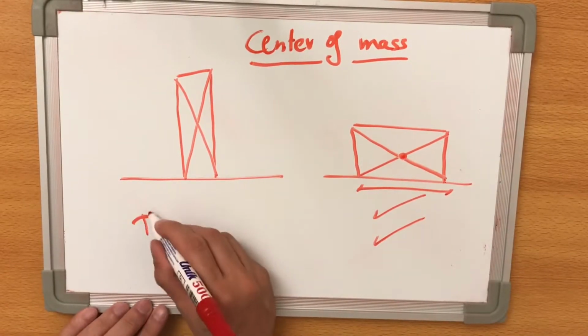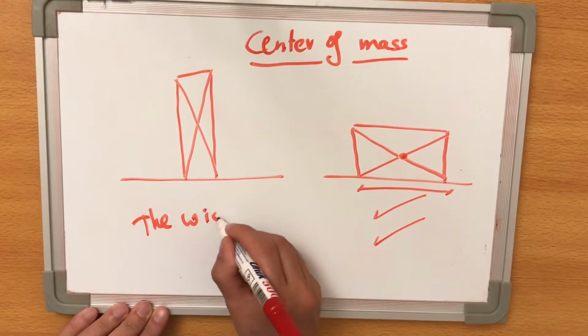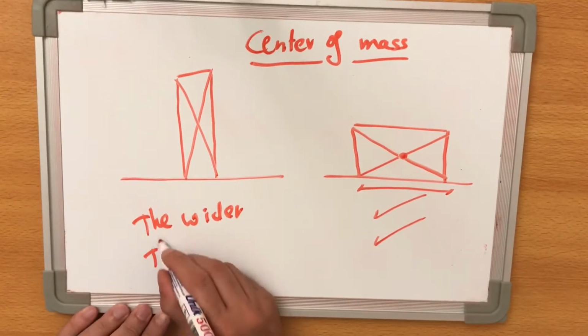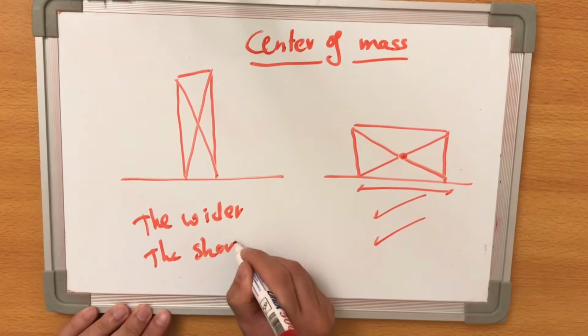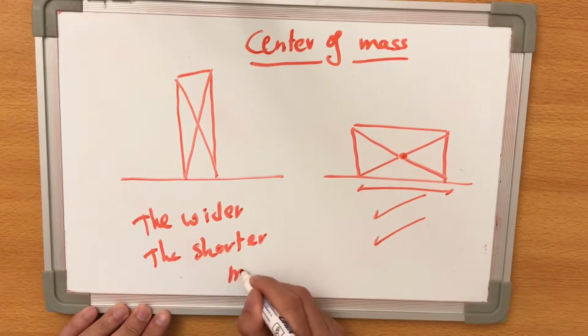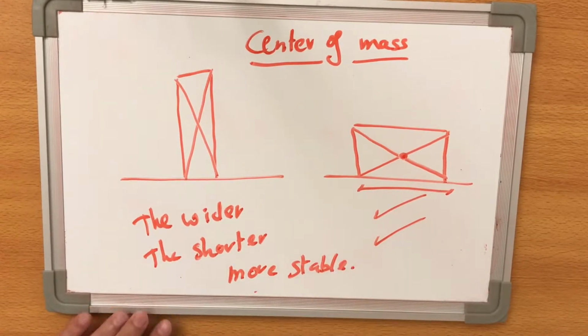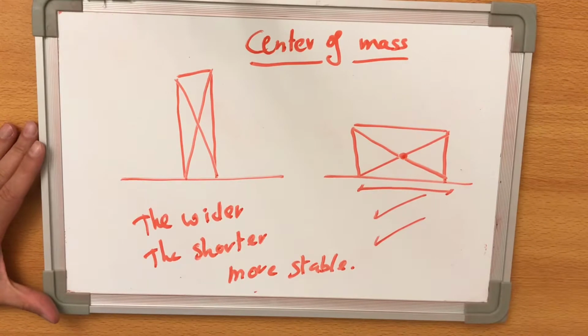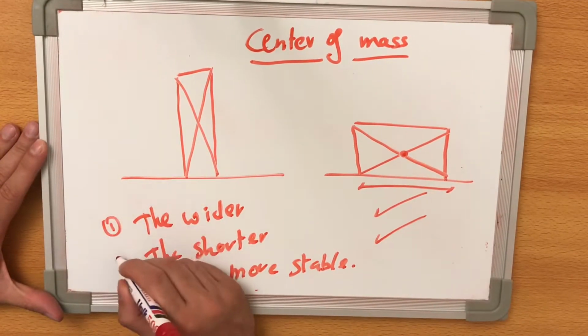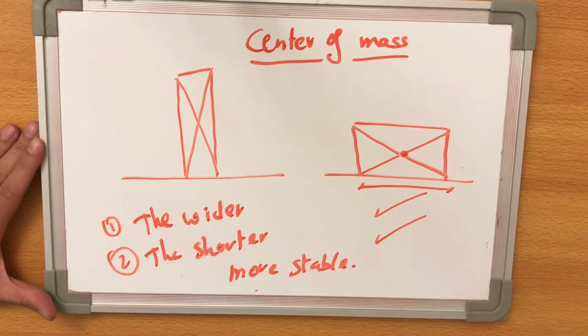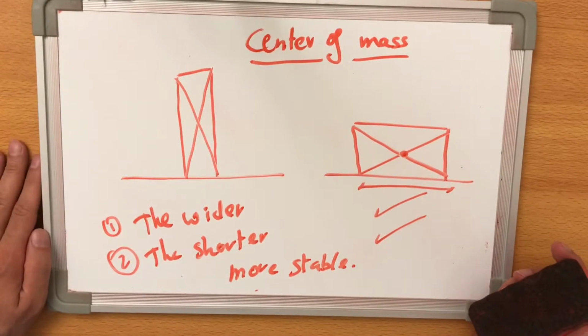So the wider the object and the shorter, the more stable. These are the two things that we can use to know if this object is stable or not.